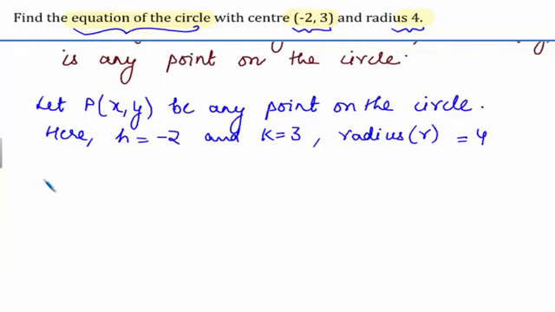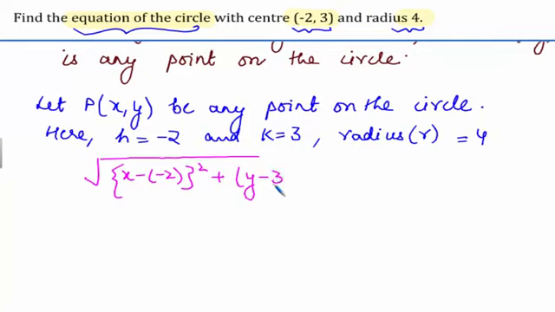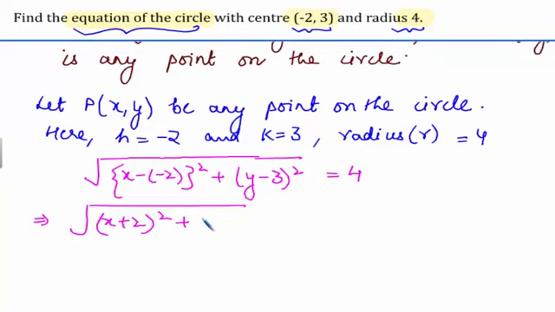Therefore, the equation of the circle is given by square root of (x minus of minus 2) whole square plus (y minus 3) whole square is equal to 4. This implies that square root of (x plus 2) whole square plus (y minus 3) whole square is equal to 4.